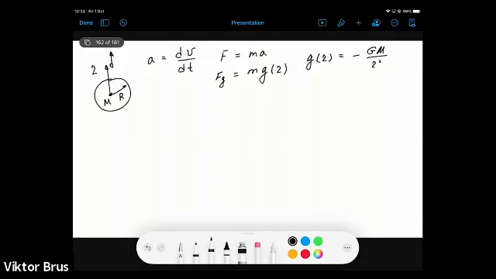Minus stands here because gravitational field is pointed into the center of the planet, so it's attractive force, gravitational force.